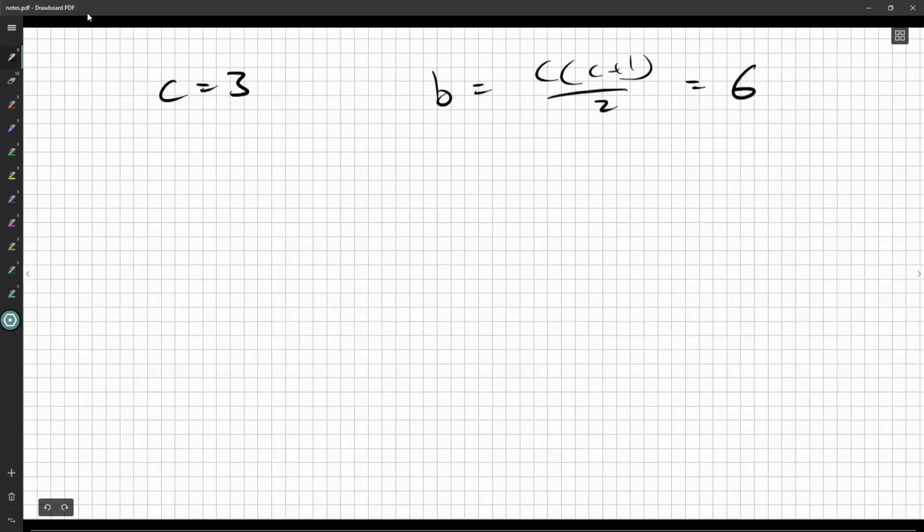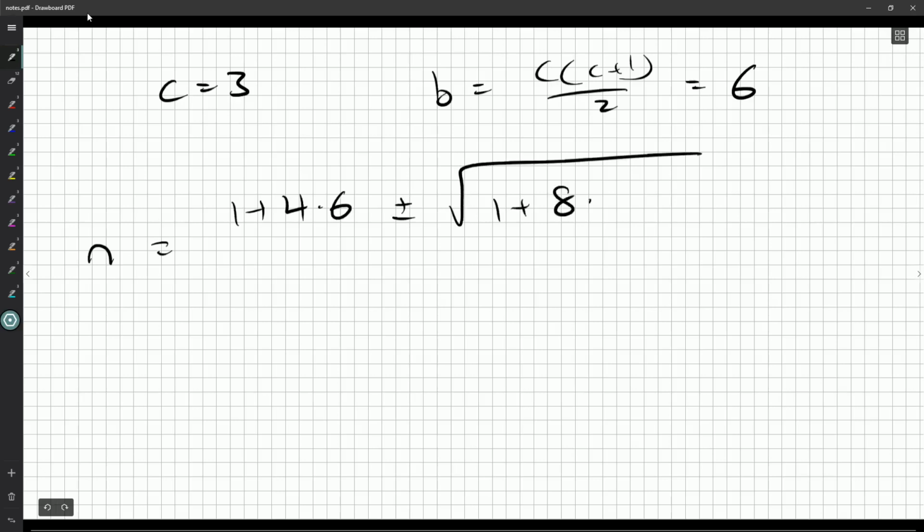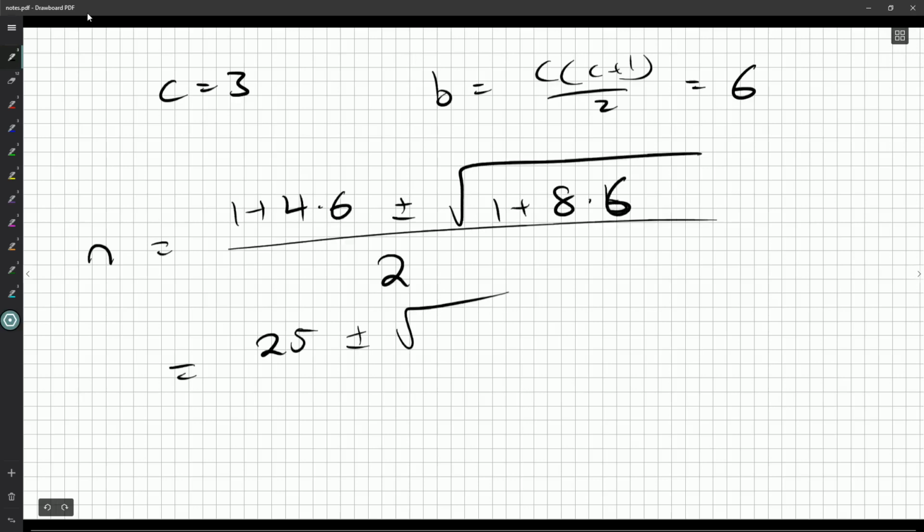And then we'll get n is equal to 1 plus 4b, 4 times 6, plus or minus the square root of 1 plus 8 times b, all over 2. So this is going to be 25 plus or minus the square root of, once again, 49.